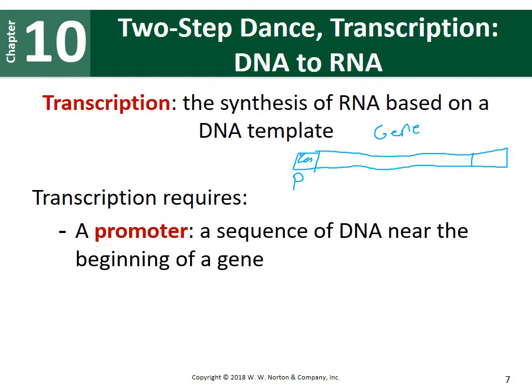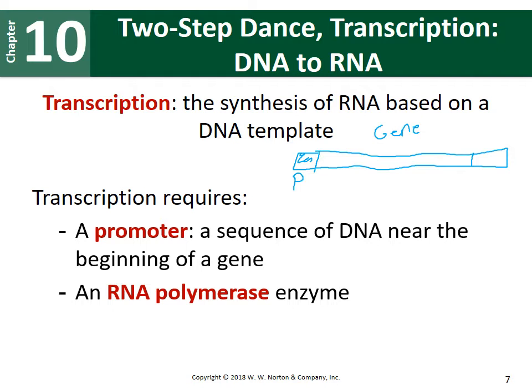This promoter is going to tell the next part where it should actually start the transcription process. The molecule that does the transcription process is called RNA polymerase. And this is an enzyme that will read that DNA template and synthesize that RNA molecule.